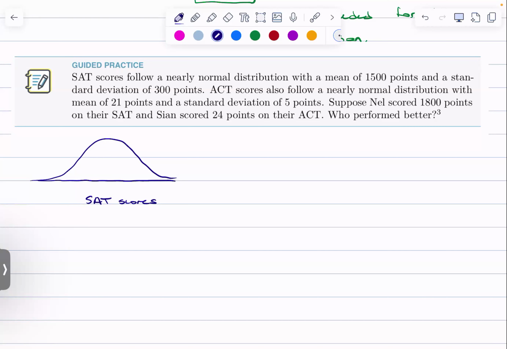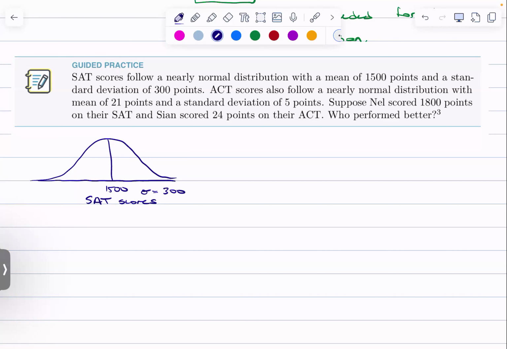So we're told that the mean of these SAT scores, that's going to be the center, is at 1,500. There's no natural spot to put the standard deviation, so I just jot it down somewhere nearby because we will need it.